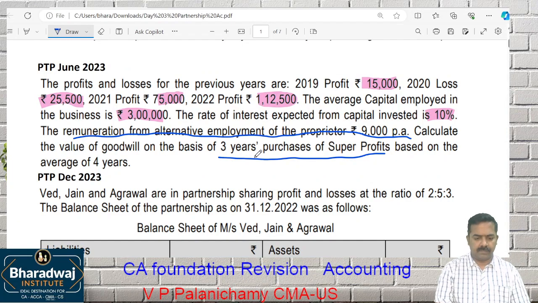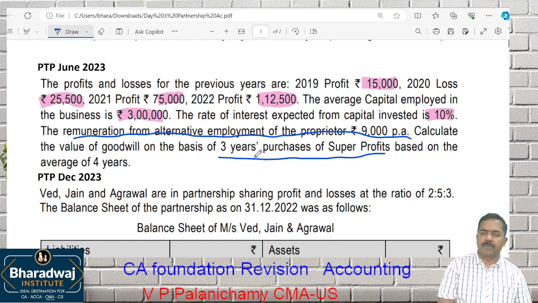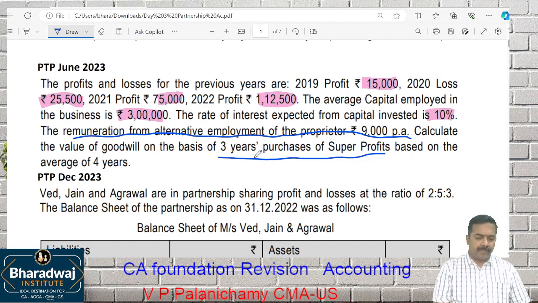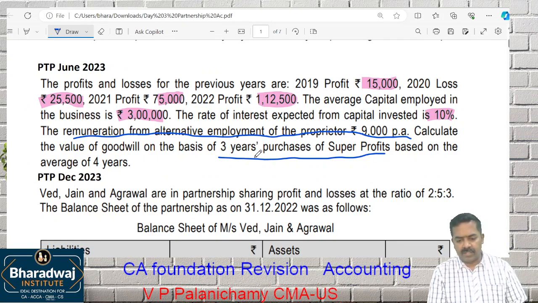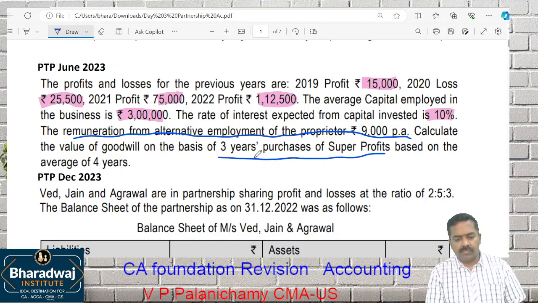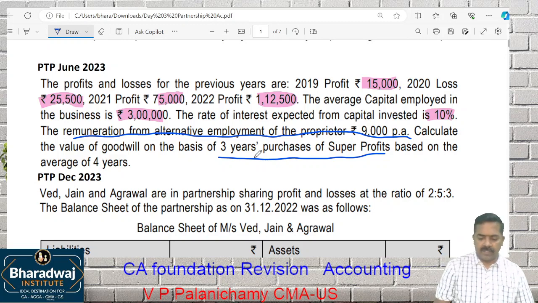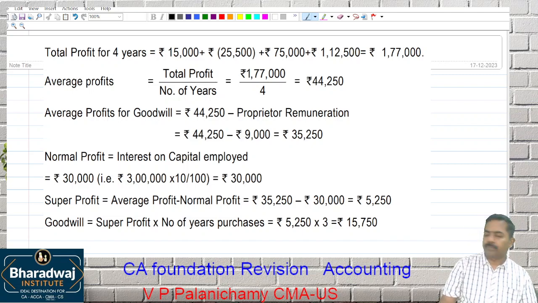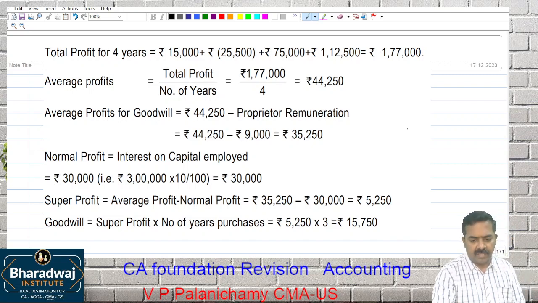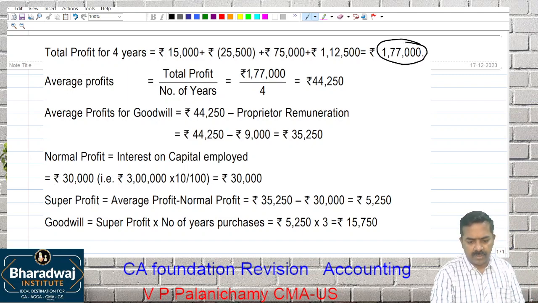So take the average profit minus 9,000, the fair remuneration. Try it. Average profit comes to 1,77,000.